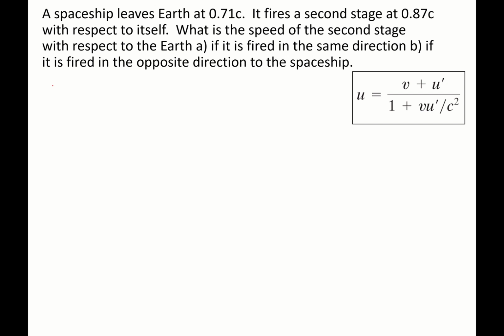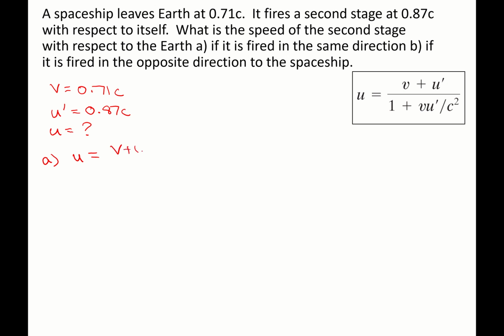All right, so we've got v is the speed of the spaceship, so that's 0.71 c. And for the first part, u prime, the speed of the second stage, is going to be 0.87 c. In part B, where it's moving in the opposite direction, we're going to just put minus 0.87 c. And we want to calculate what's u. So for A, all we're going to do is plug our numbers into the equation.